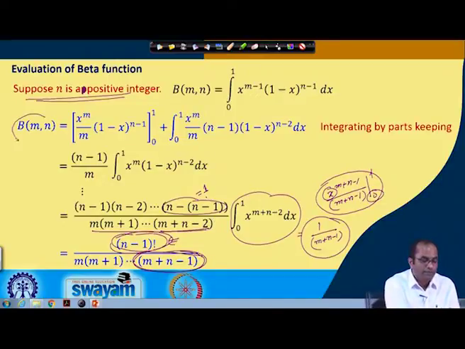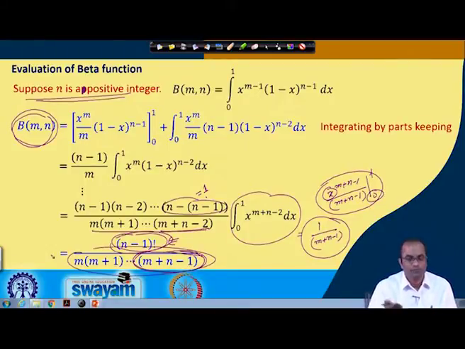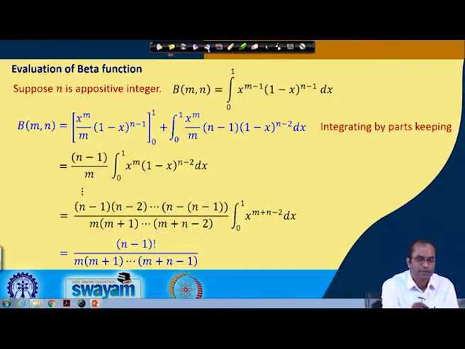So, for beta m n, when n is a positive integer, we got factorial n minus 1 over this product m plus 1 up to m plus n minus 1. The same thing we can do when we assume m to be positive, noting that beta is a symmetric function, which we have just seen before. So, there is absolutely no issue; we will get a similar formula, where m will be replaced by n.